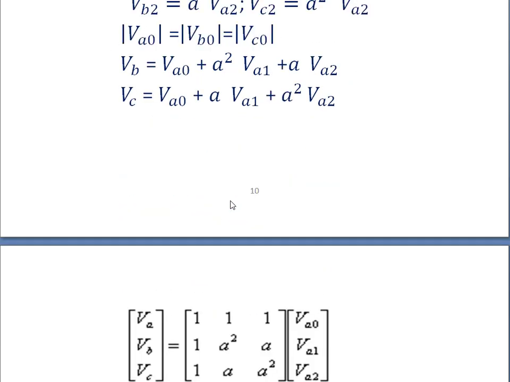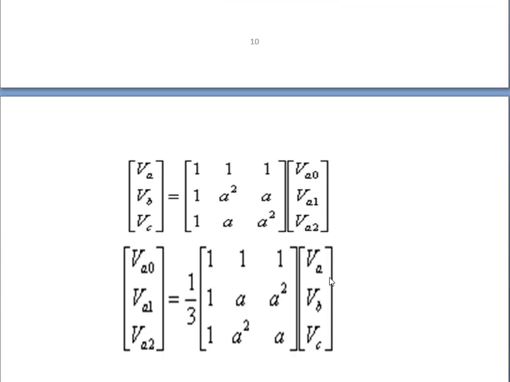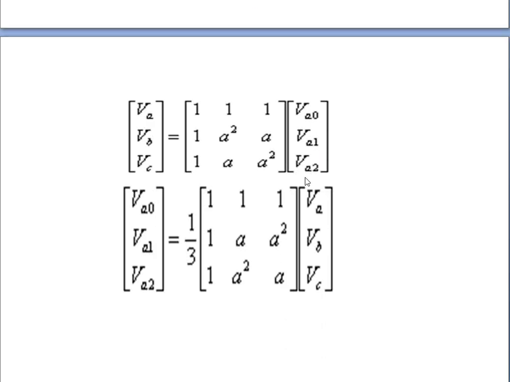So if you write them in the matrix form, we get like this: VA, VB, VC, that is 1, 1, 1, 1 A square A, 1 A square, VA0, VA1, VA2. Similarly, suppose you want to know symmetrical components from the unbalanced voltages. In that case, we have to take the inverse matrix for this.